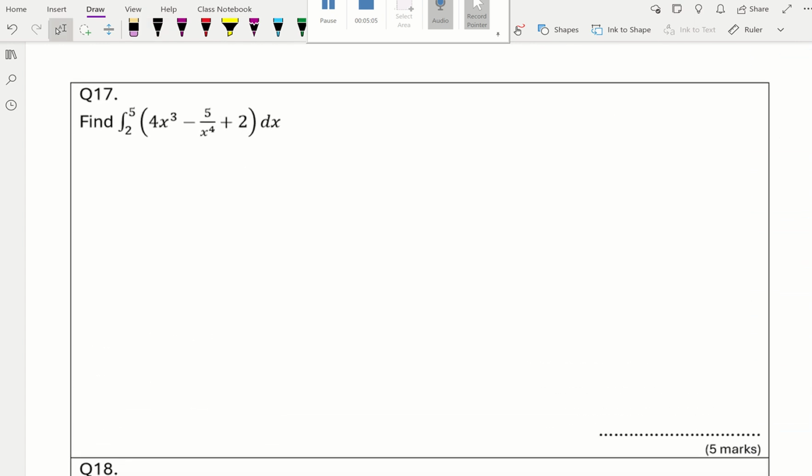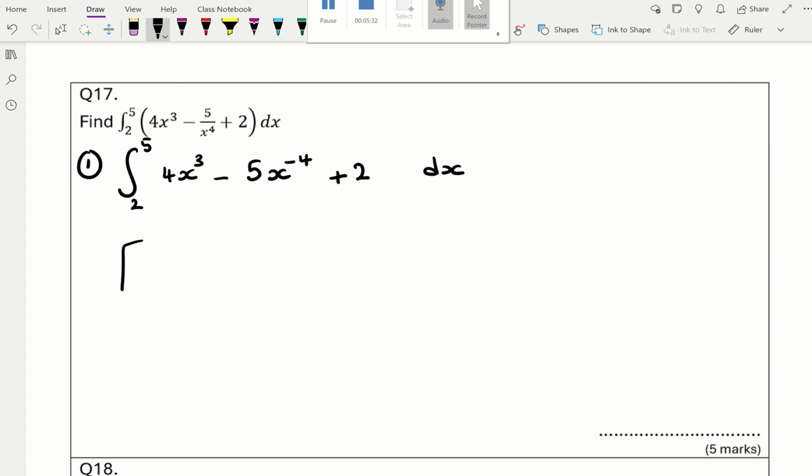And question 17 is a definite integration again, but you have to integrate each part, and your step 1 is to change that into a negative index. So this goes from 5 to 2, 4x cubed minus 5x to the power of negative 4 plus 2, and I'm integrating. Now integrate each part.